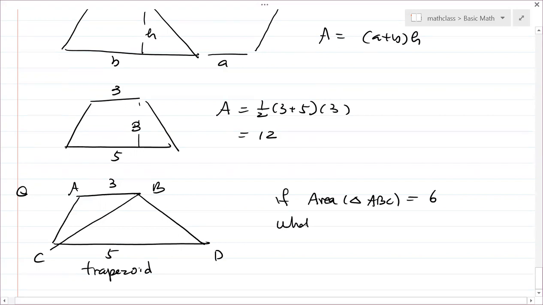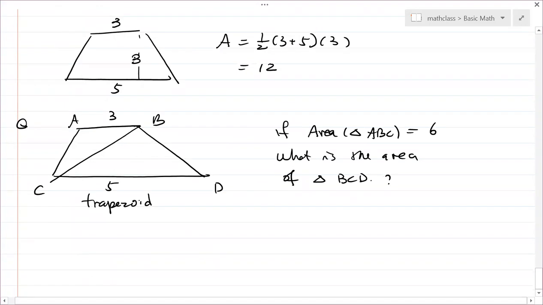What is the area of the other triangle? BCD. If I use centimeters, 5 centimeter, this will be square centimeter.